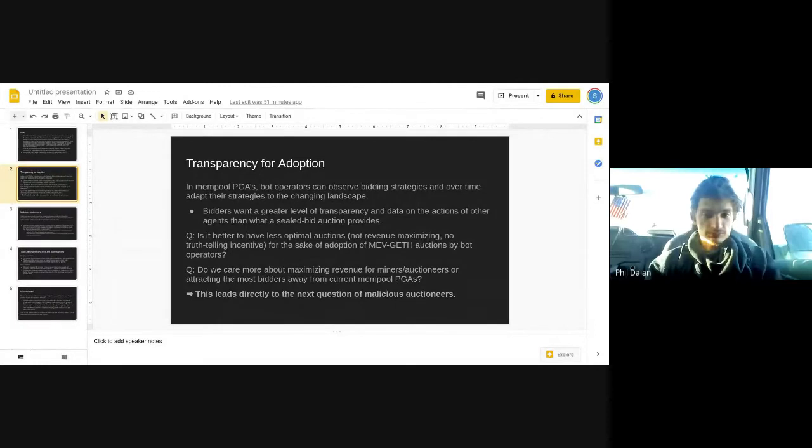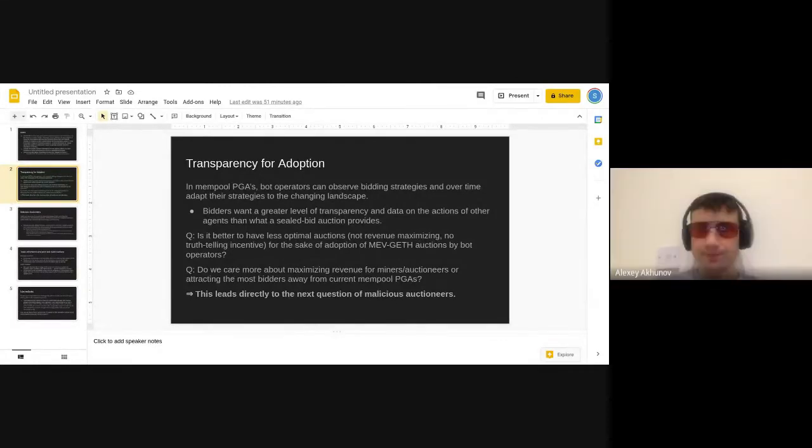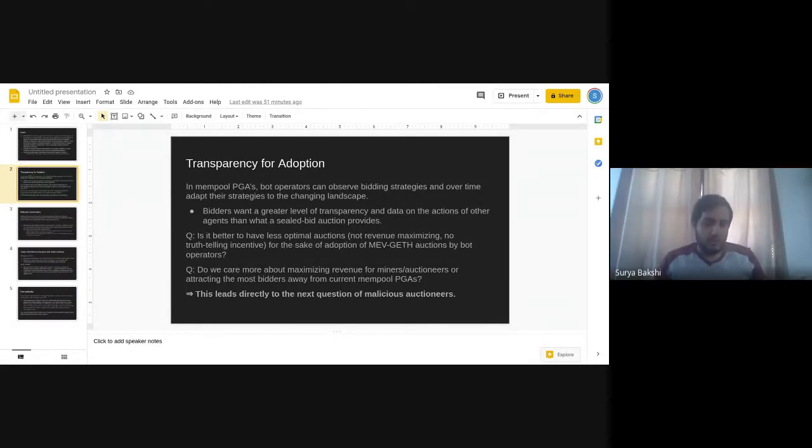Yep. Okay, cool. So the first question on the screen now is exactly this: do we care more about having a sealed bid second price auction, where the incentive is truth telling and where we can at least attempt to maximize the revenue that an auctioneer, or in this case a miner, might receive?